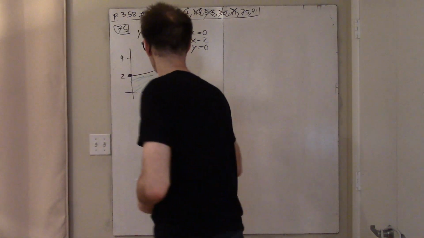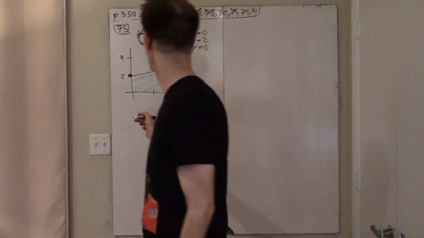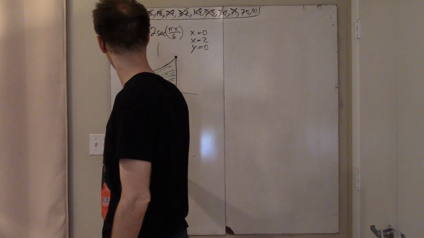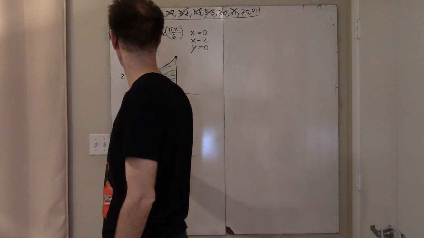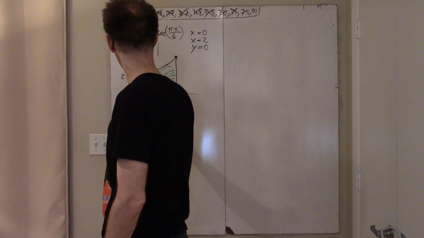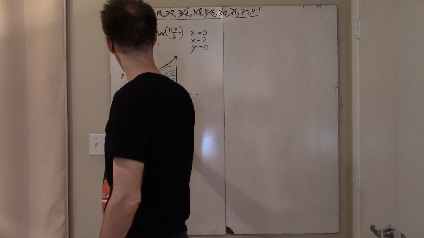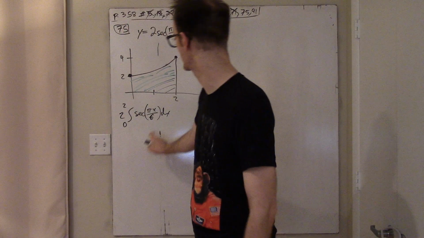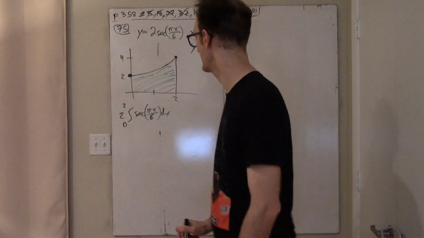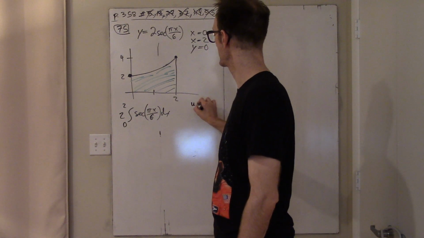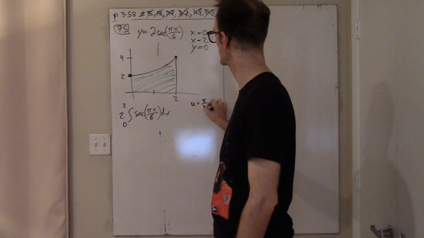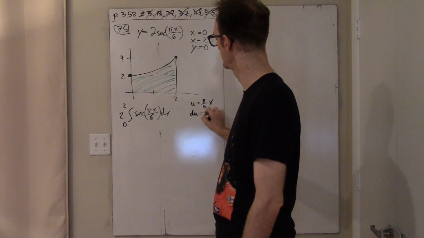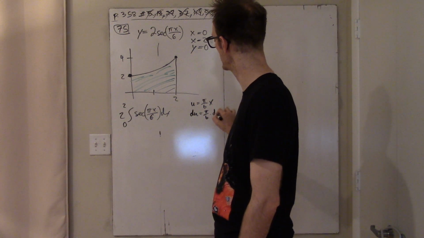And okay, I can do that with integration, and so the answer to this problem is just going to be the integral from 0 to 2 of 2 secant pi x over 6. Okay, so that's really all that's going on. And okay, let's do a substitution. So let's let u be pi over 6 x. And then, of course, du will just be pi over 6 times dx.